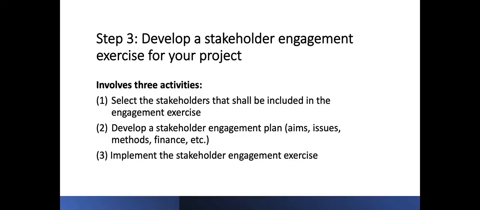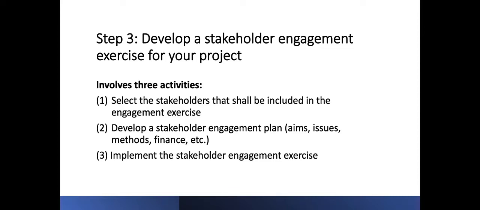If you have completed the previous activity and you have developed a stakeholder map, you can now continue with the development of a stakeholder engagement exercise for your project. It involves 3 different activities. So first of all, you select the stakeholders that shall be included in the engagement exercise.